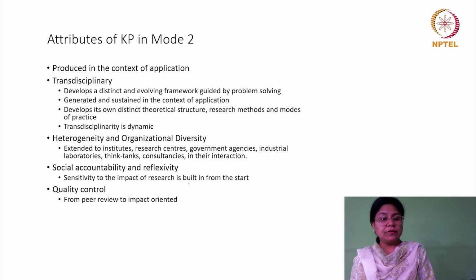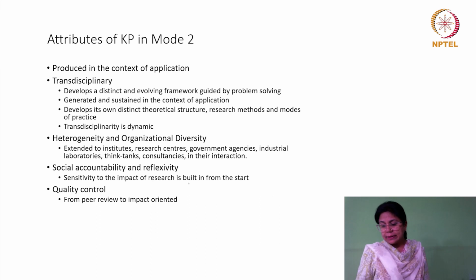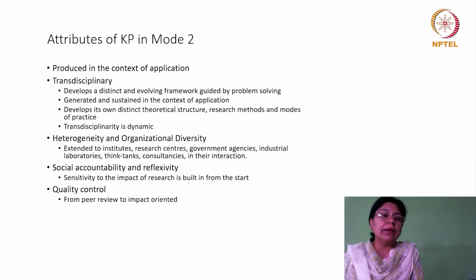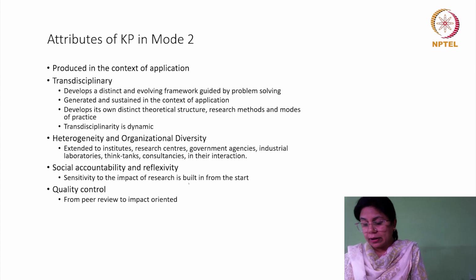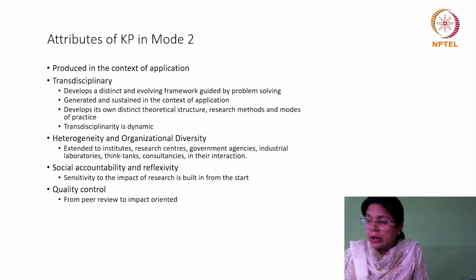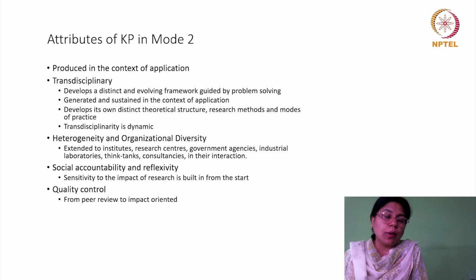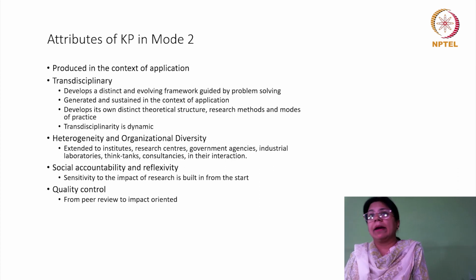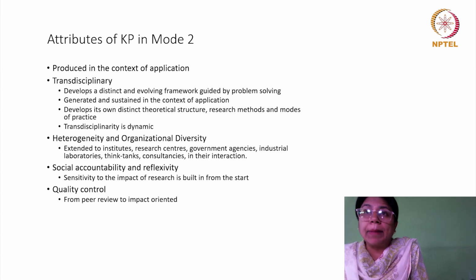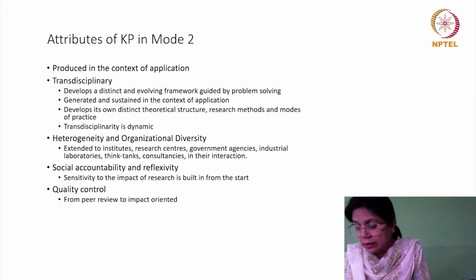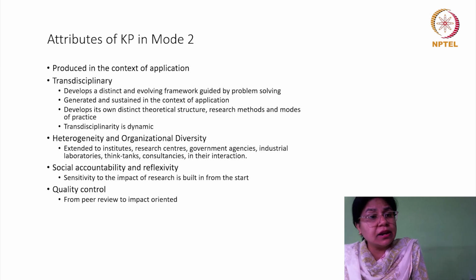The next point is with respect to social accountability and reflexivity. Now, what has happened is that the public has become extremely concerned about the impact and the effect a particular science has on human life. Initially, when we started with certain technologies, it took a while to understand the different impacts, say for example, the impact on environment, or on health, or on communication, privacy related concerns.